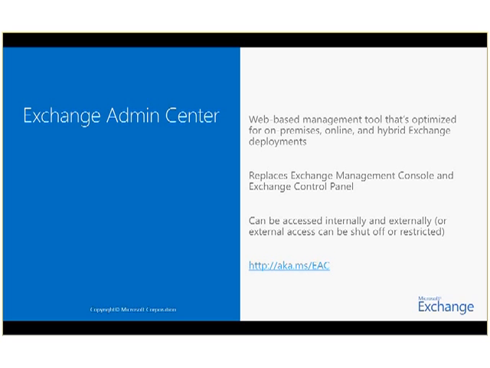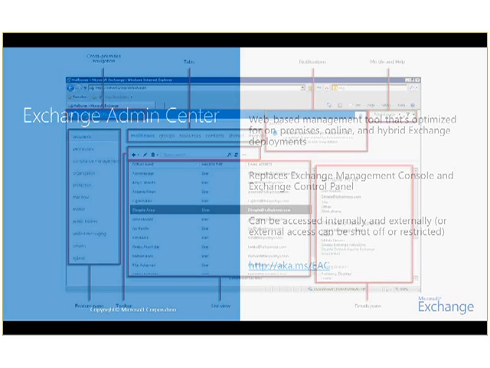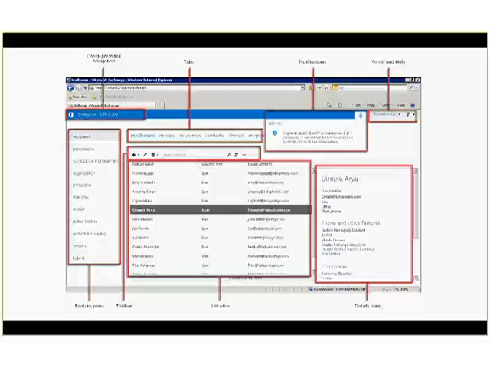As EAC is web-based, it's well-suited for on-premises, hybrid, and cloud-only deployments. And it can be used to perform management tasks internally or externally, or external access can be restricted or turned off if desired. So here's an annotated screenshot showing you the pieces of the Exchange Admin Center. On the left-hand side is the feature pane. This is the primary navigation area that takes you to the various features that you can configure.